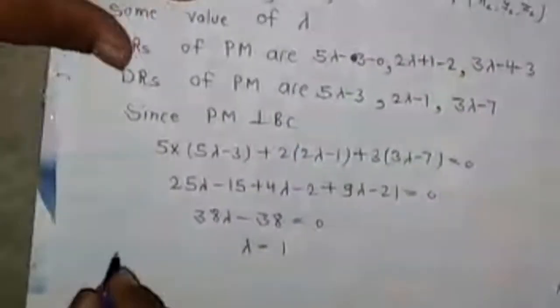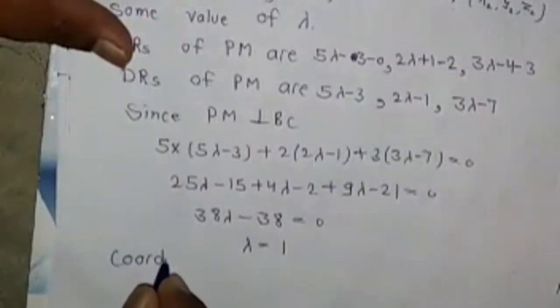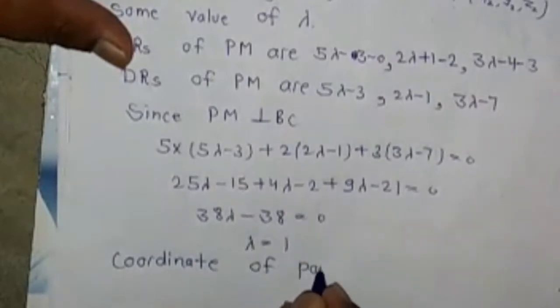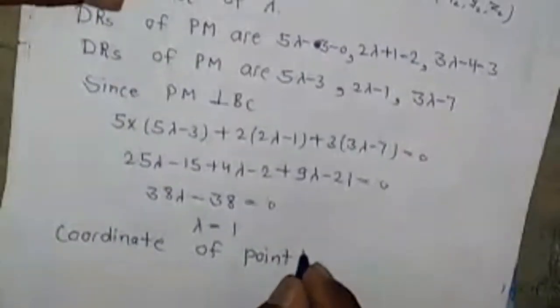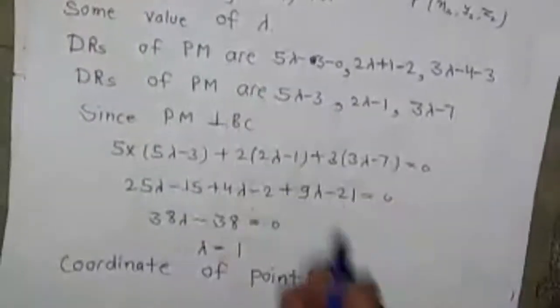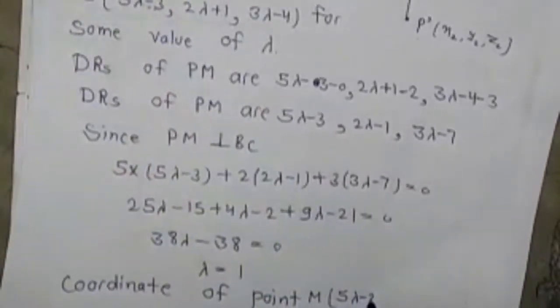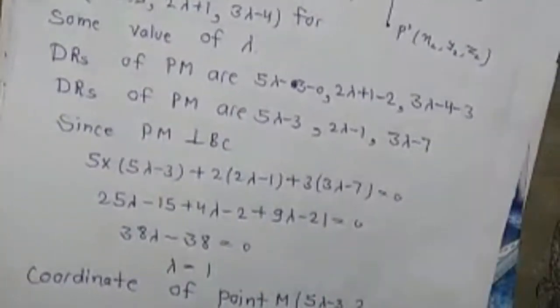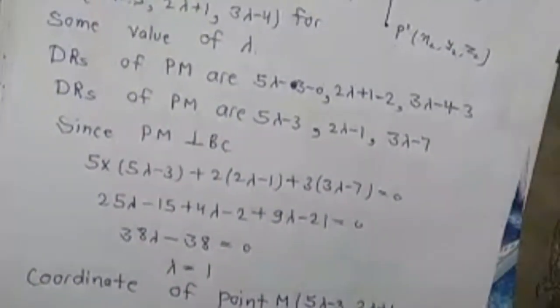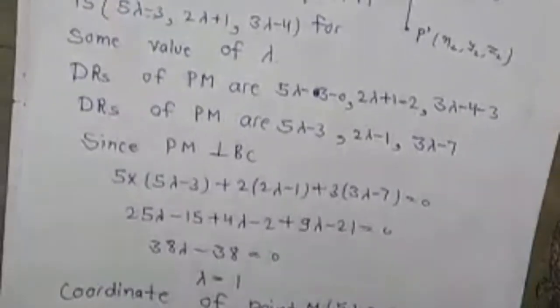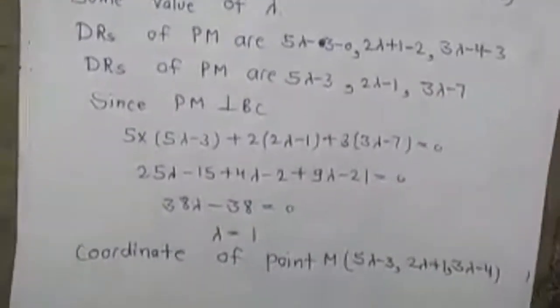Then the coordinate of point M, which is (5 lambda minus 3, 2 lambda plus 1, 3 lambda minus 4), put the value of lambda equal to 1.